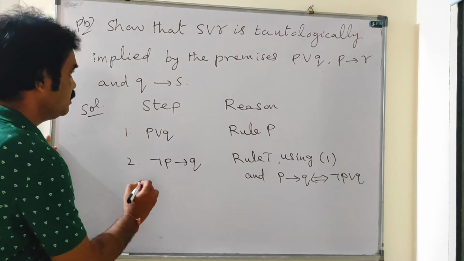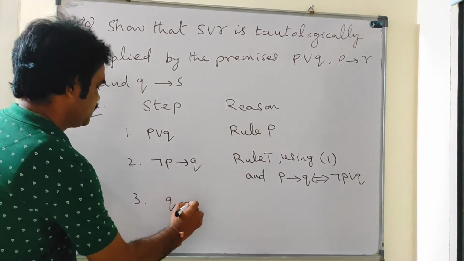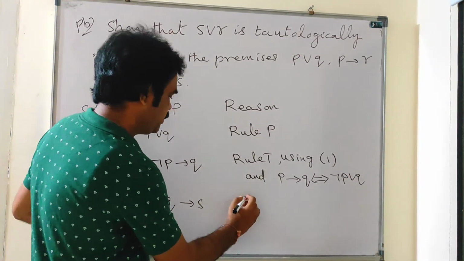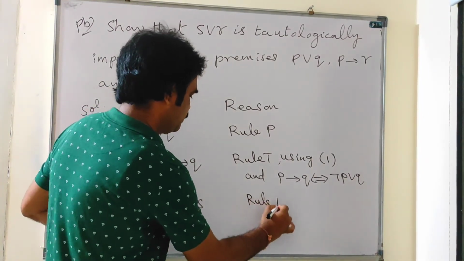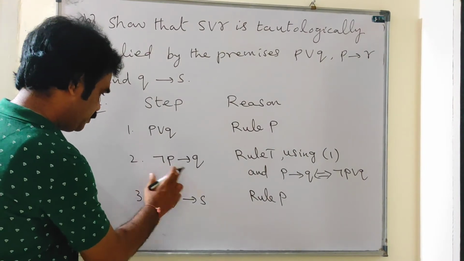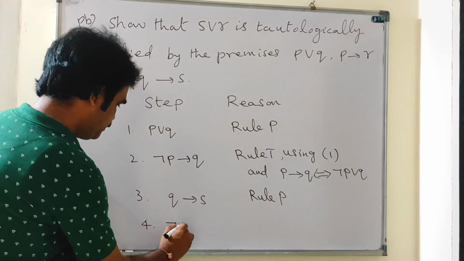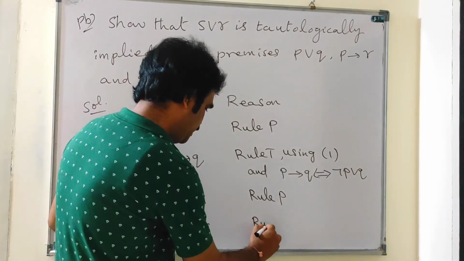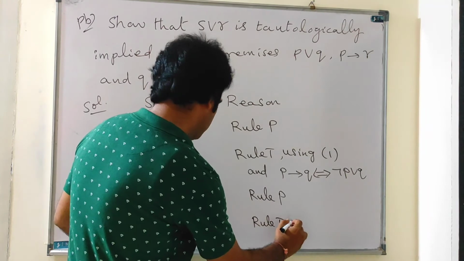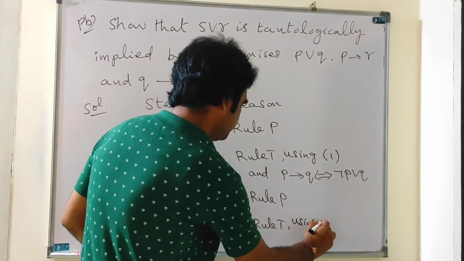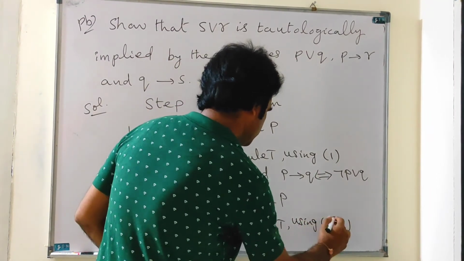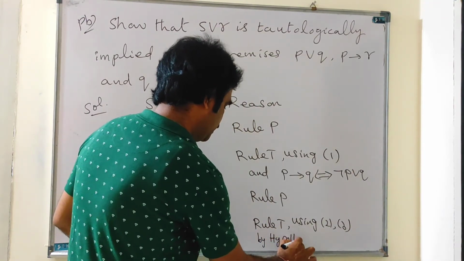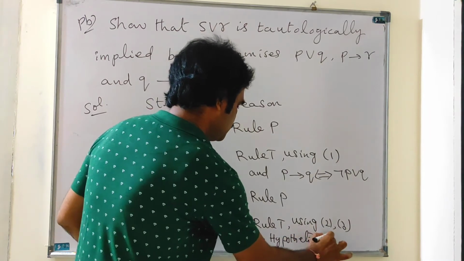Next, Q implies S. Take this premise. If you introduce a premise, that is rule P. By hypothetical syllogism, this becomes negation P implies S. Using rule T, using 2 and 3, by hypothetical syllogism.